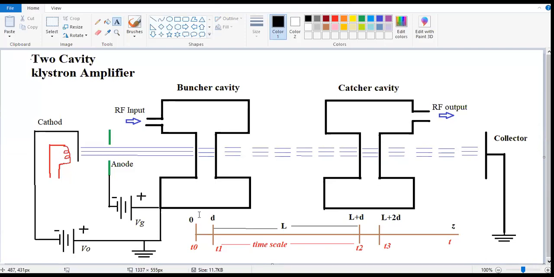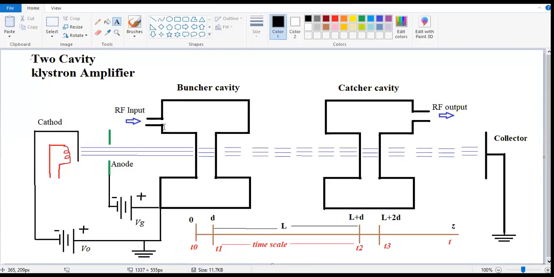Now in the next diagram, we are going to discuss how velocity modulation takes place, and in velocity modulation, how the velocity of the electron decreases by the positive half cycle, and how it increases by the negative half cycle. It is an amplifier, so it requires some input.